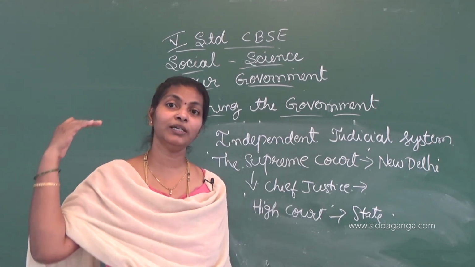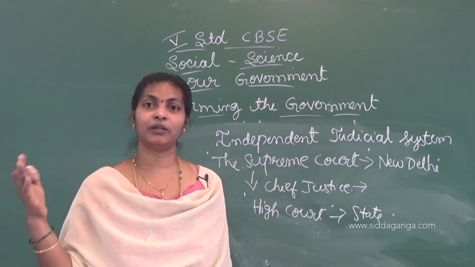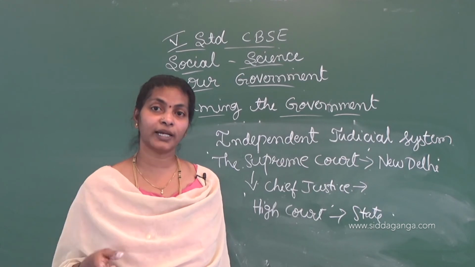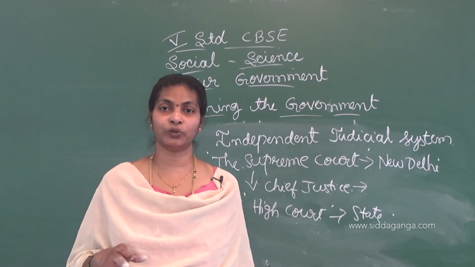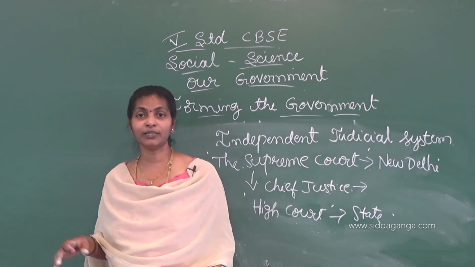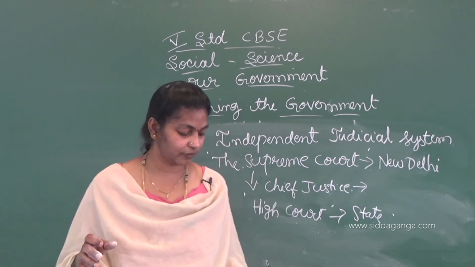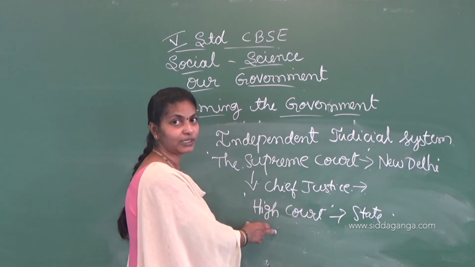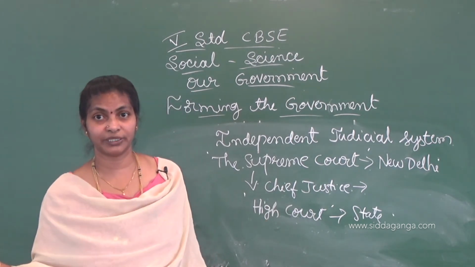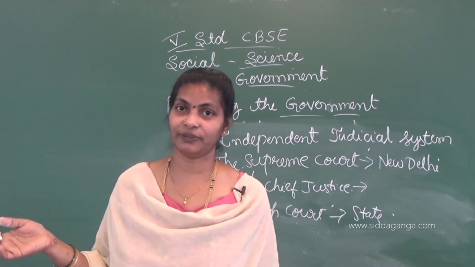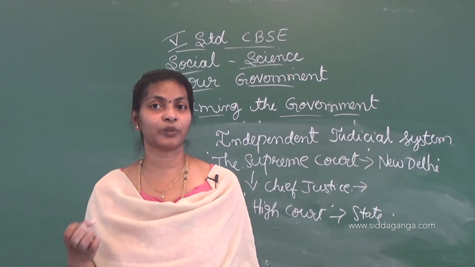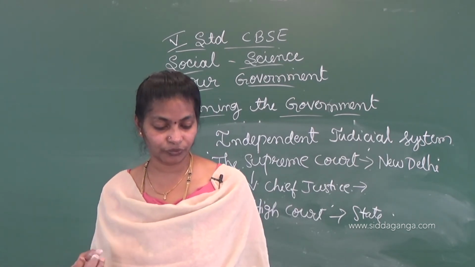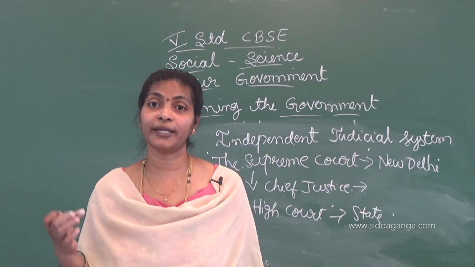The Supreme Court reviews the High Court judgment and later gives its own judgment. In this way, the Supreme Court has the authority to review the decisions of the High Court.